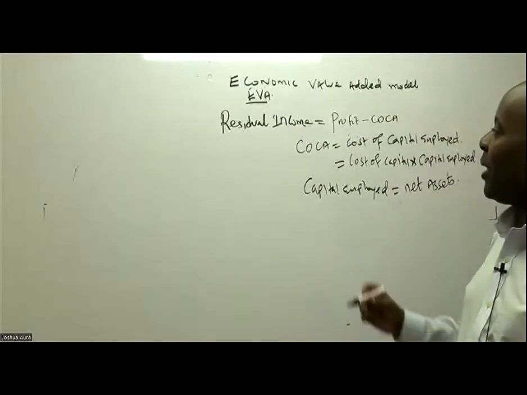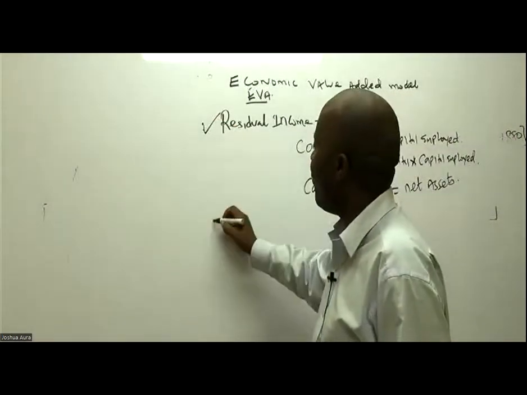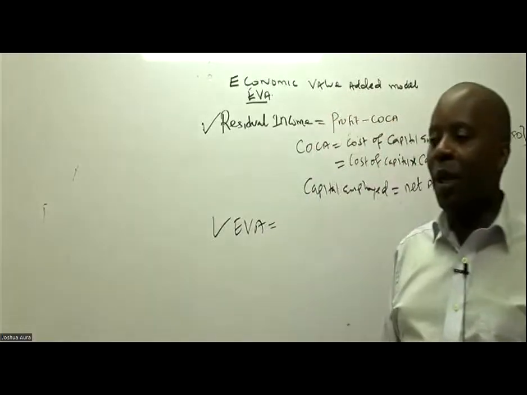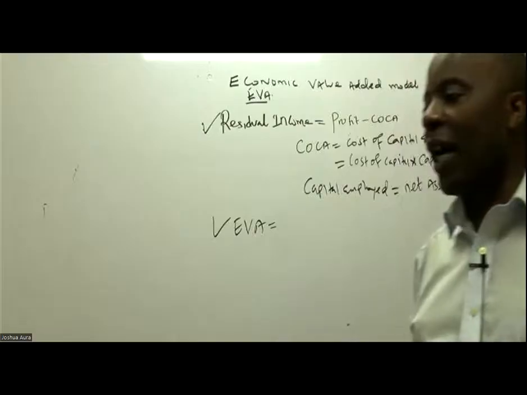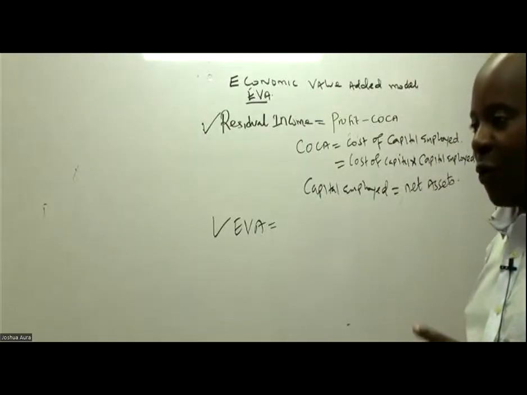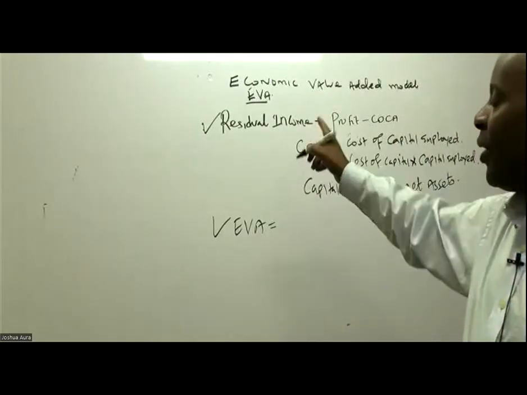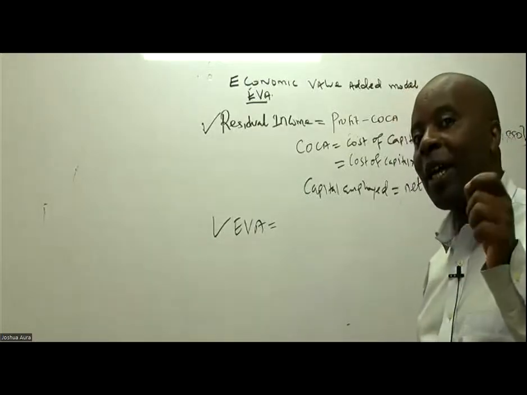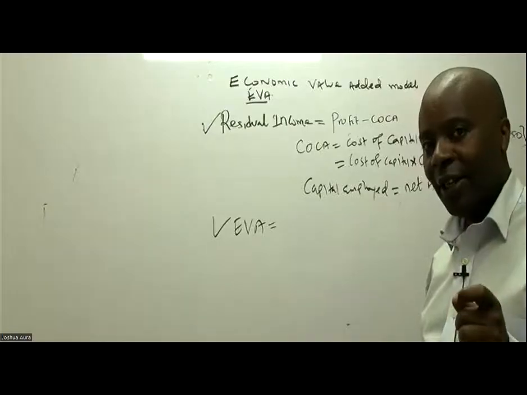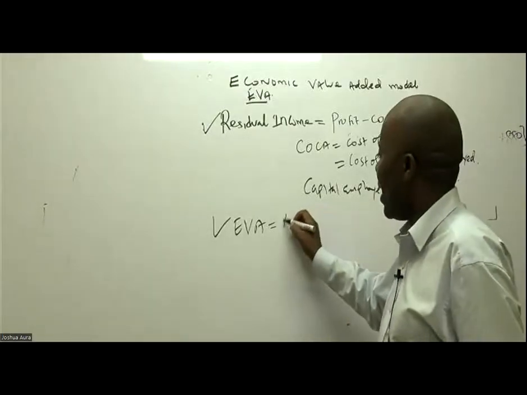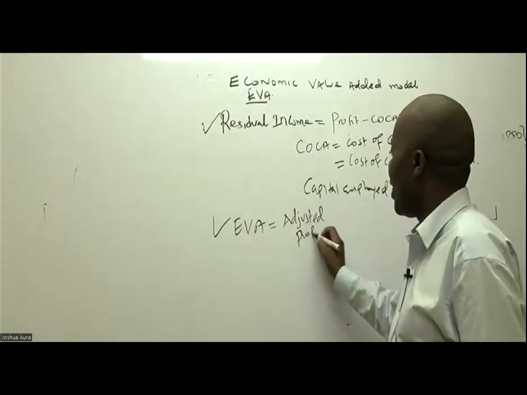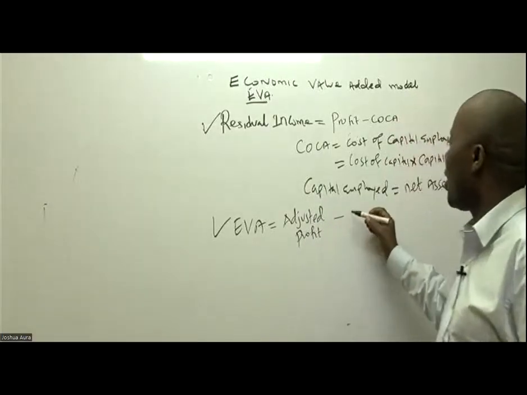Now, ladies and gentlemen, we know for sure that EVA, economic value added, borrows heavily from residual income. Only that for EVA, we are going to make adjustments to the profits. So EVA will be adjusted profit minus WACC times adjusted net assets, or adjusted capital employed.